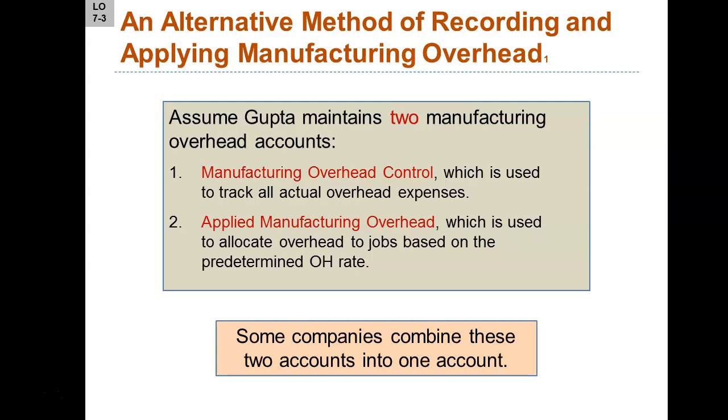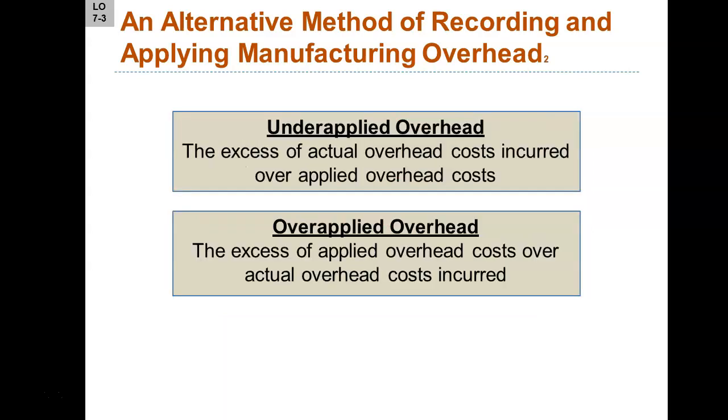And once you have allocated those costs to jobs, you have essentially applied them. So costs are going to be dumped in the manufacturing overhead control account, and when they are actually moved and applied to a specific job, that's going to be your applied overhead. And that's going to become an important measure as you proceed in this chapter.